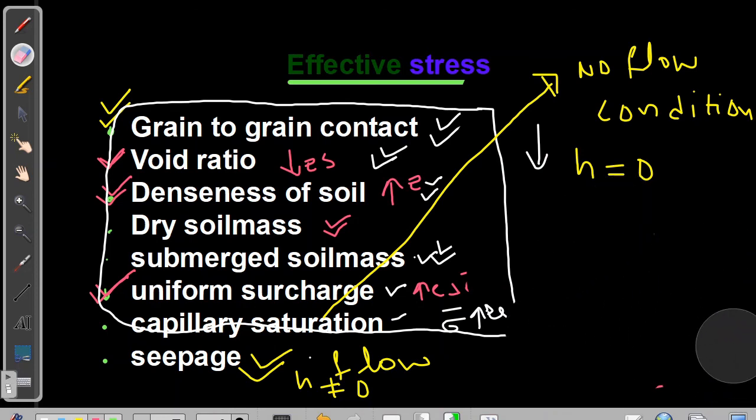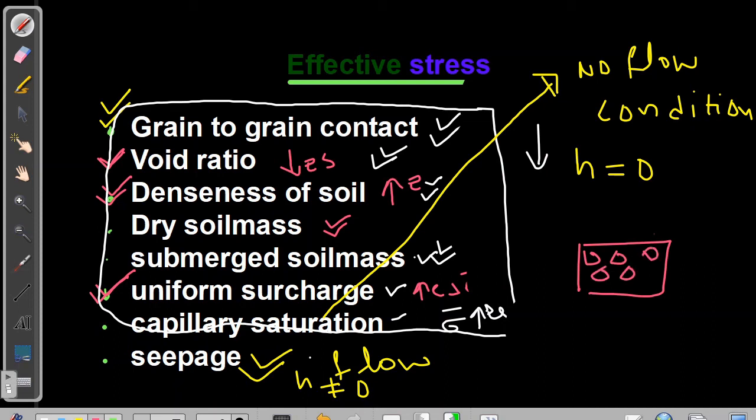What happens if the seepage is horizontal? Let's take this soil mass, and the seepage is like this. The effective stress acts like this and the seepage pressure acts like this, so there will be a net resultant force acting in this direction.